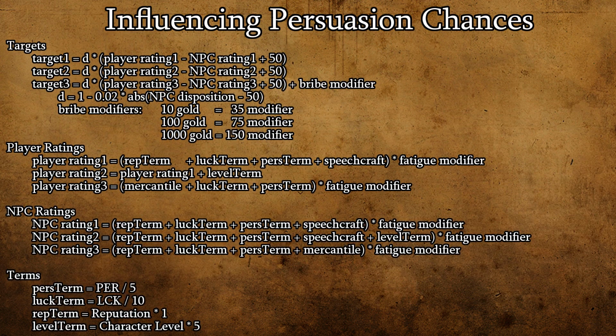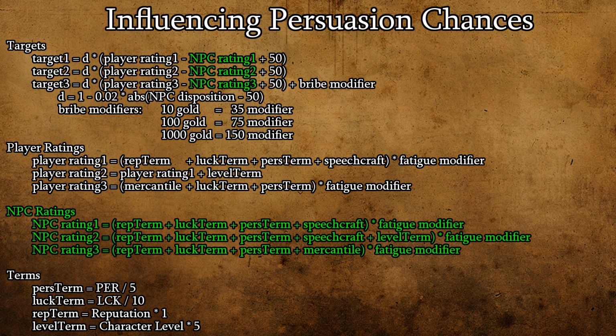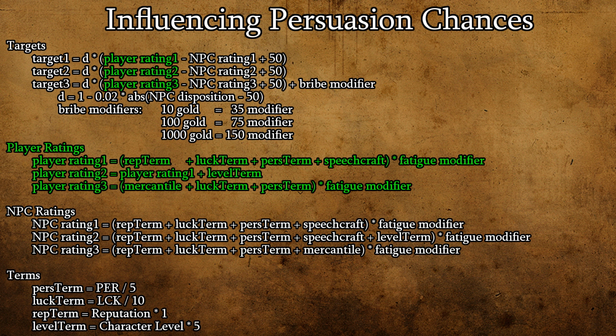On screen now is what they represent. NPC rating, of course, utilizes NPC stats, and player rating uses your own stats. Target 1 is used by admire and taunt. Target 2 is used by intimidate. Target 3 is used by bribe.